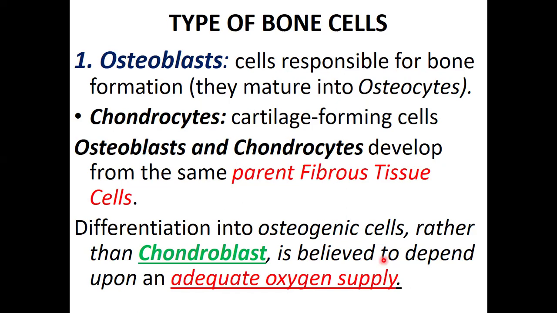So towards 9 months, as a human being is about to be born, that's roughly 8 months of gestation, the cartilage that is going to form the skeleton begins to be converted into bone. So the moment chondroblasts turn into osteoblasts, bone formation has begun.